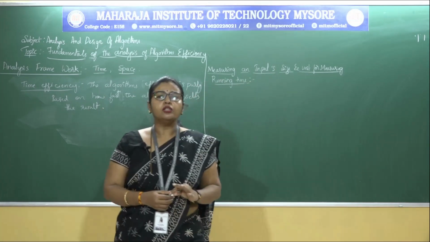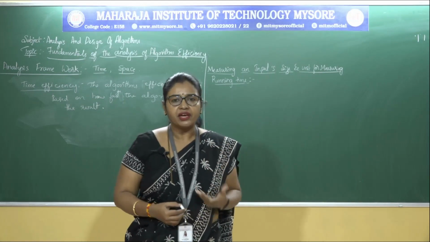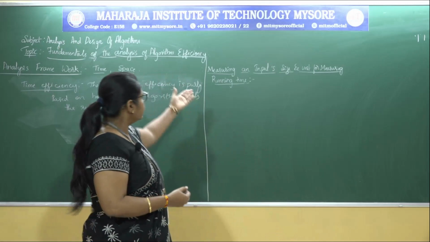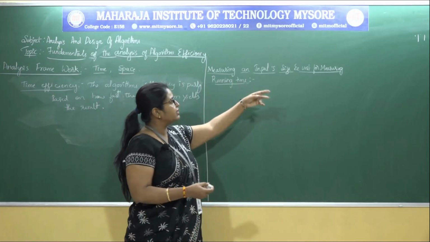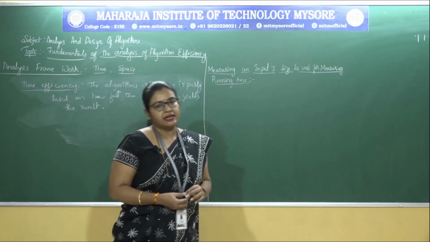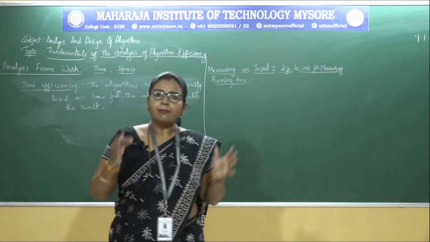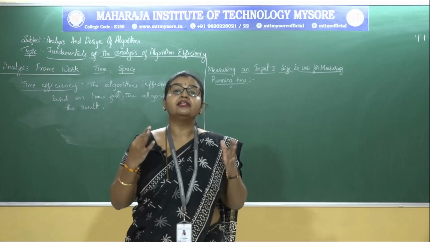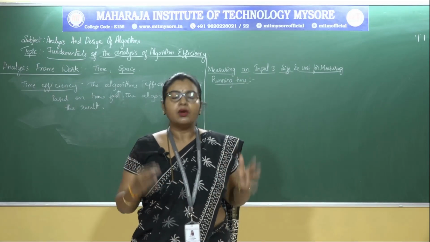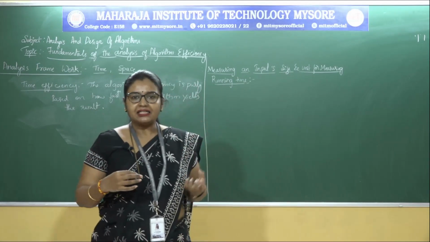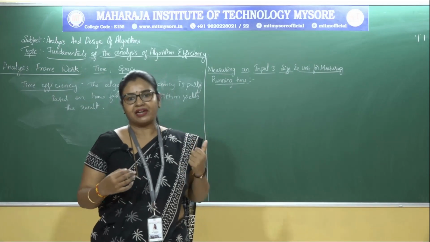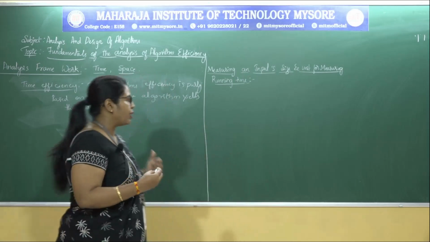Let us see what are all those parameters which affect the running time of that particular program. So, measuring an input size and the unit for measuring the running time. That means what are all the parameters which are required to calculate the time efficiency of the algorithm, or in order to analyze the algorithm in terms of time, what are all the parameters it depends on. So let us write one by one.